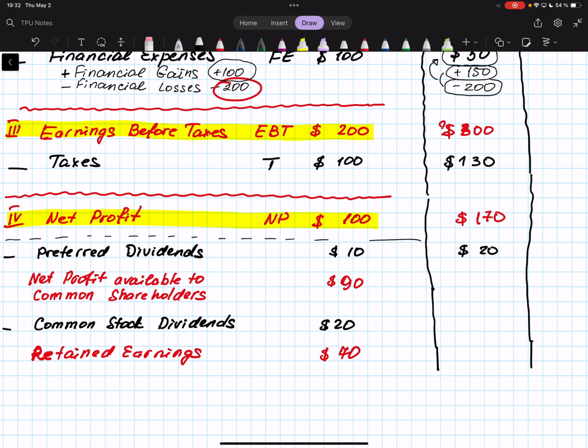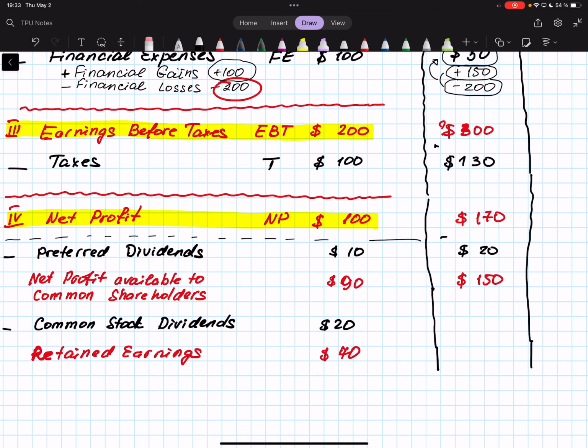Now, this gives us the net profit available to common shareholders. How much? 150. Okay? So we subtract the 20. So then we can pay our common stock dividends.